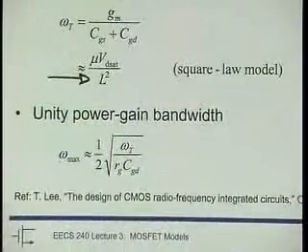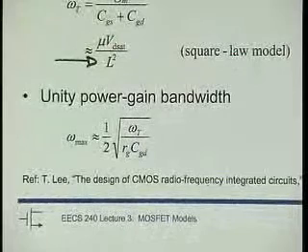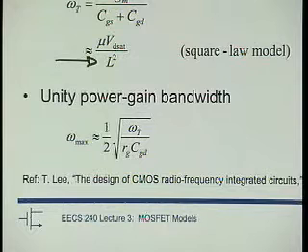There are other high-frequency figures of merit for transistors. One that physically makes more sense is the unity power gain of the transistor, where a certain amount of power flows into the gate, and some amount of power comes out the other end at the drain, and that ratio better be larger than 1, otherwise we could use a passive attenuator.